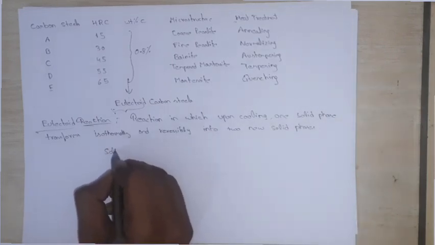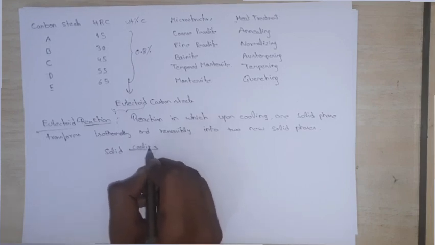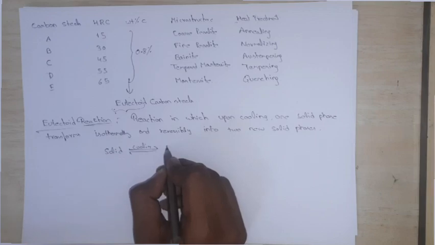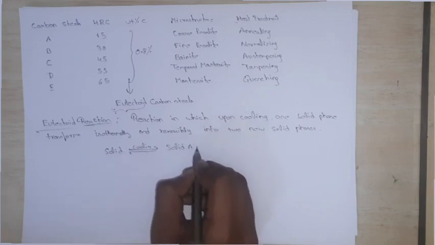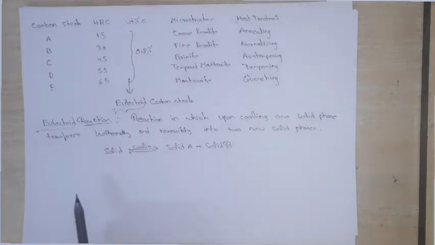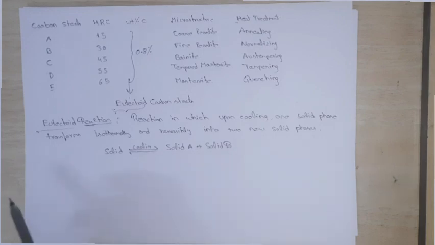So a solid upon cooling transforms into solid A and solid B. These five carbon steels are also produced by this reaction in this process.